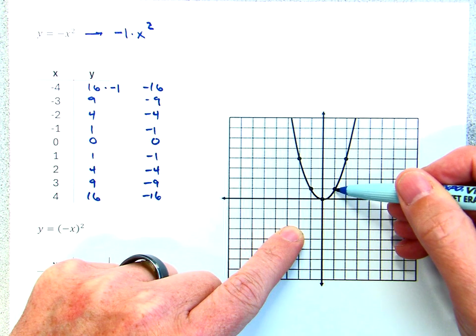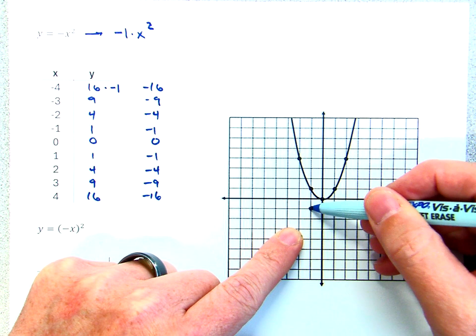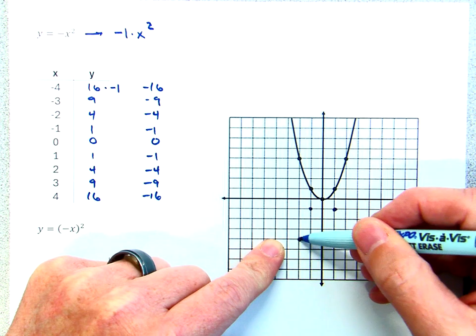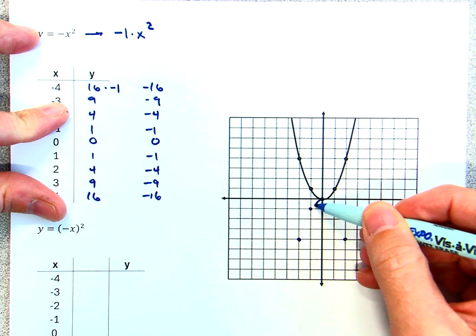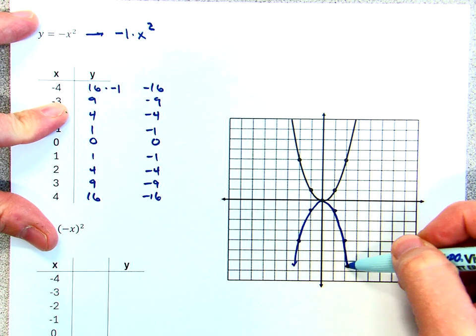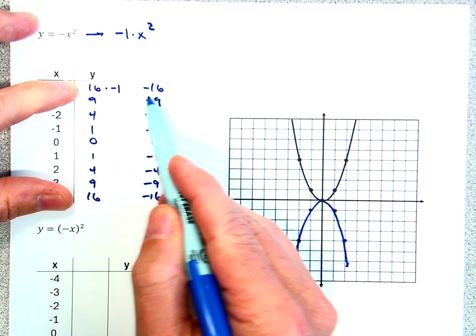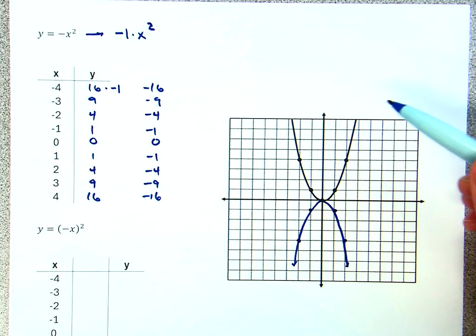So instead of 1, it's now -1. Instead of 4, we got -4. -9. So the shape didn't change because the values of y are just negative versus positive, but they're still the same distance apart from one another, right?